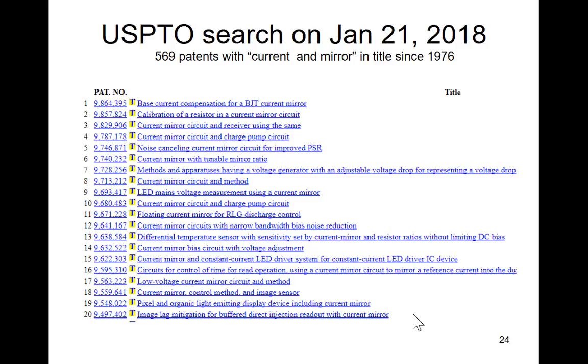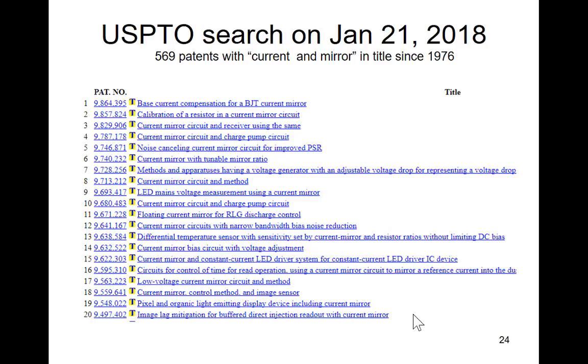And so I did a search for patents on the U.S. Patent Office website with the words current and mirror in the title. This goes back to 1976. It doesn't quite go back far enough because some of those first current mirrors were prior to 1976. And unfortunately, we only have images. We don't have full text search capabilities in the U.S. Patent Office.